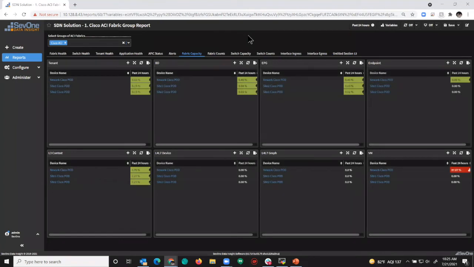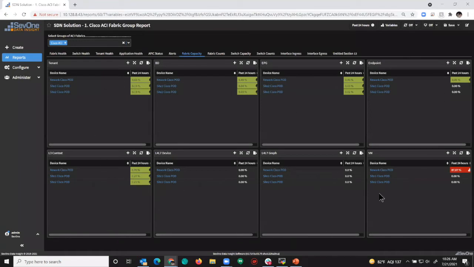The other interesting piece about ACI is there are all these different capacity things that are part of ACI. Depending on the number of switches that you have in your fabric, there are certain limits to the number of tenants that you can have, the number of bridge domains, which are essentially your layer 2 network definitions, your endpoint groups, which are essentially groups of machines, et cetera, and endpoints.